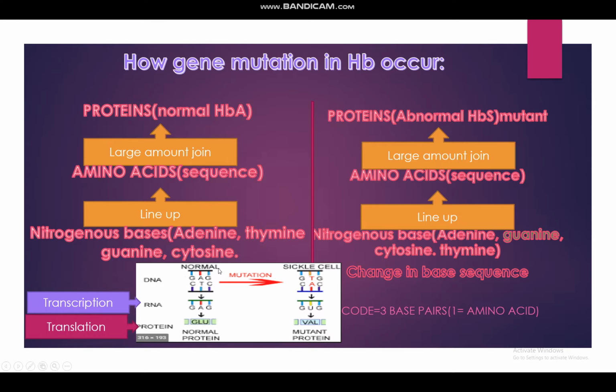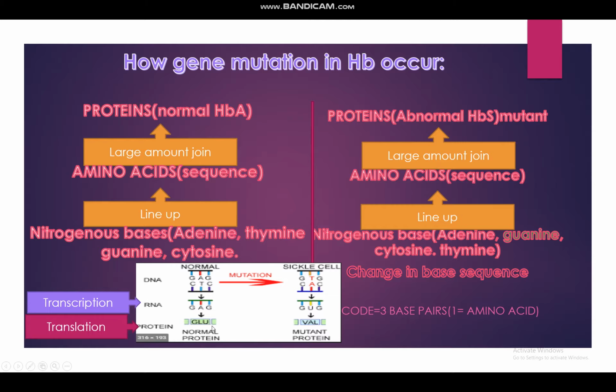Now this diagram shows that the base pairs in normal hemoglobin cause the normal protein to be formed. When the base pairs are transcribed and translated normally, a normal protein is formed. But if there is a mutation in the base pairs, it causes a mutation in the formation of the protein.